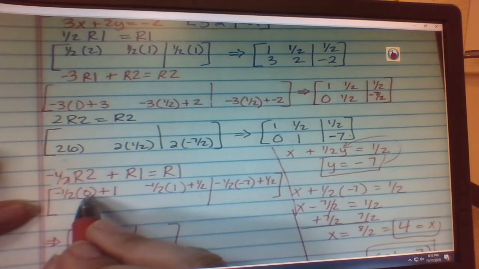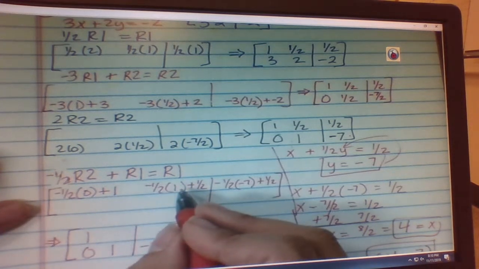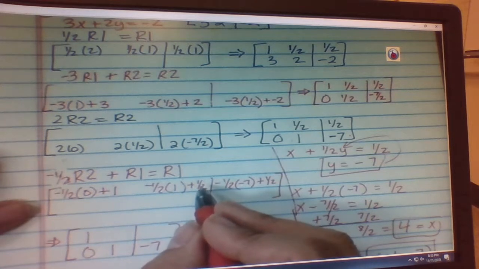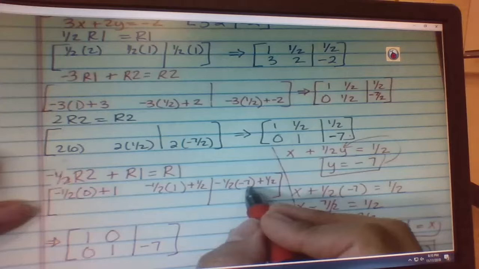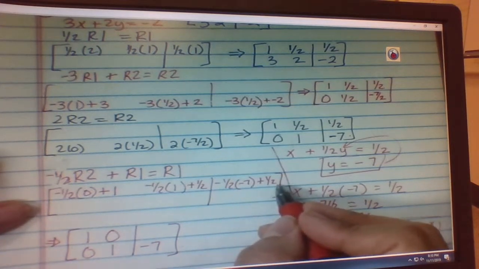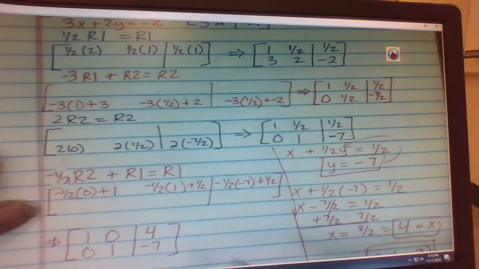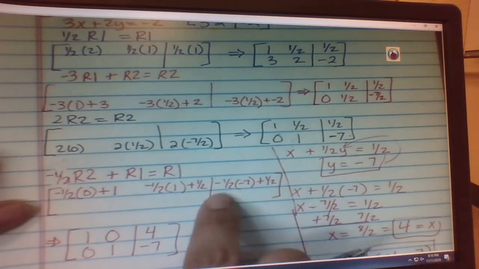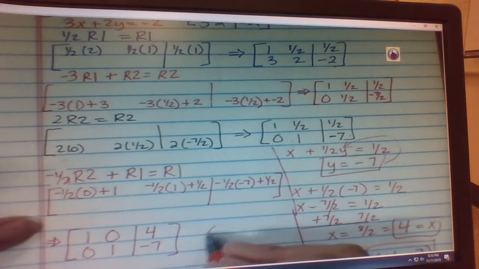Half times 0, 0 plus 1, 1. Negative half times 1 is negative 1/2 plus a positive 1/2, 0. Negative 1/2 times a negative 7 becomes a positive 7 over 2 plus a 1/2 becomes 8 over 2, which gives me a 4. And if you doubt what I just said, just plug it into the calculator. So x is 4, y is negative 7.